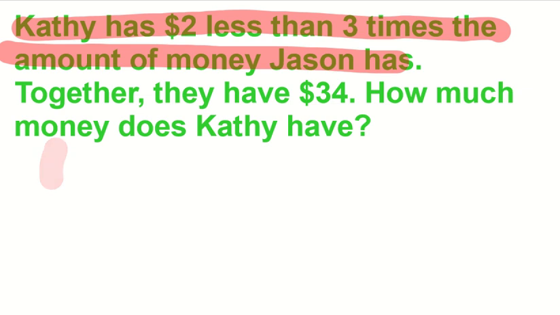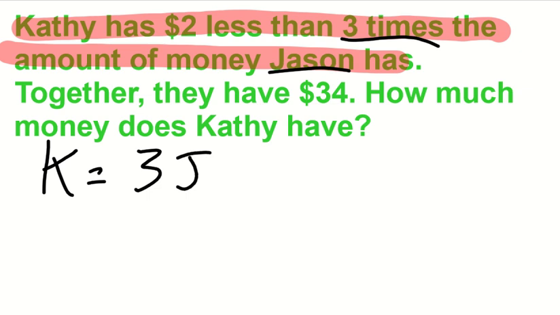Some of you are saying Y and X, but we'll do it with the letters first. So K equals 3 times Jason, and it's 2 less. That means you go minus 2. Order matters for subtraction. 2 minus 3J and 3J minus 2 are not the same thing. So you got to make sure it's in the right order.